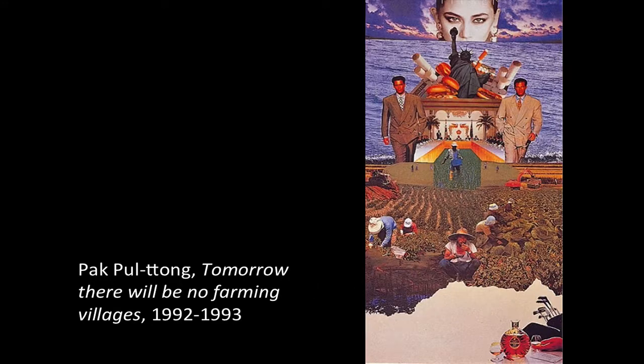Minjung artists also criticized the uncritical adoption of American culture. And you already looked at an example. You already looked at Pak Pul-ttong's work, in which he mocks the impact of US culture, which seemed, in his eyes, to threaten the existence of rural communities in Korea.